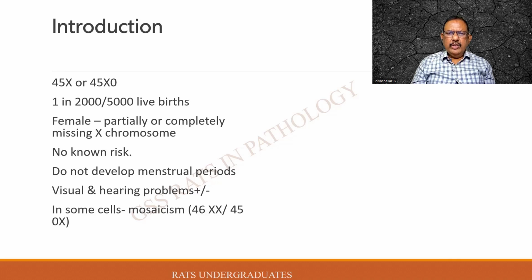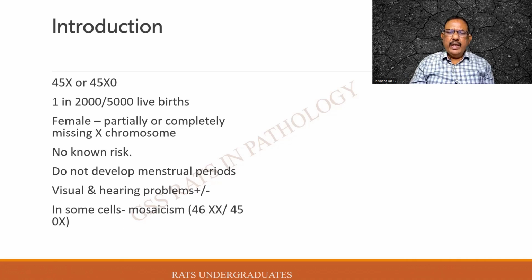The child or the patient fails to develop menstrual periods. Also, there can be presentation with visual and hearing problems. In some cases, there can be what is called mosaicism. Mosaicism means there will be a play of chromosomes.